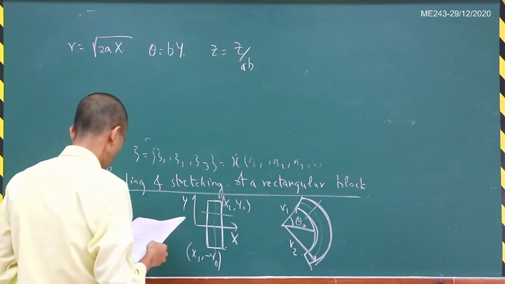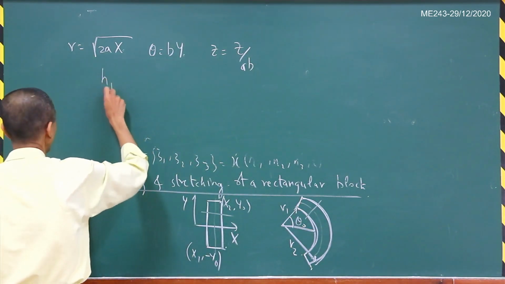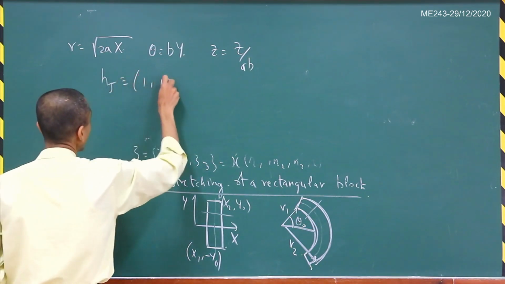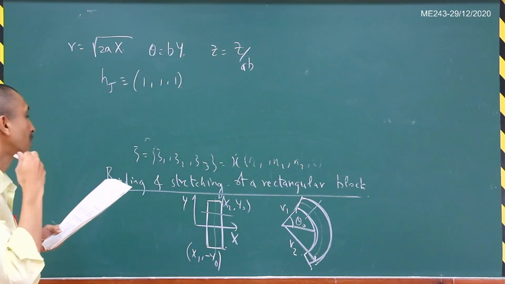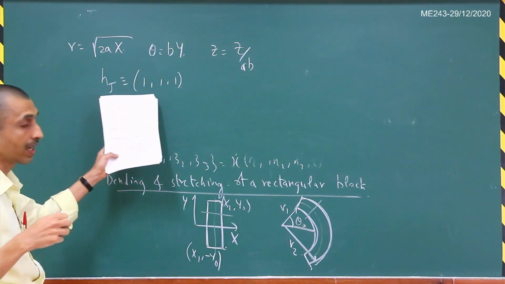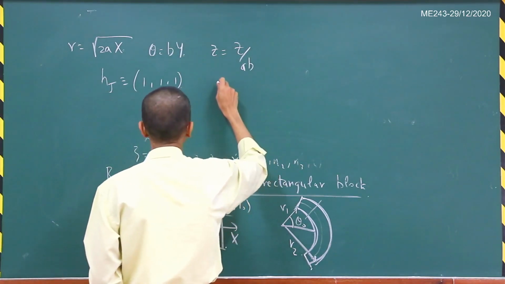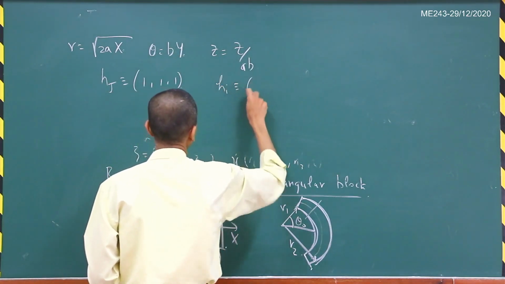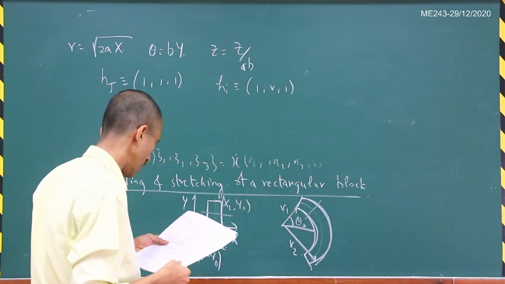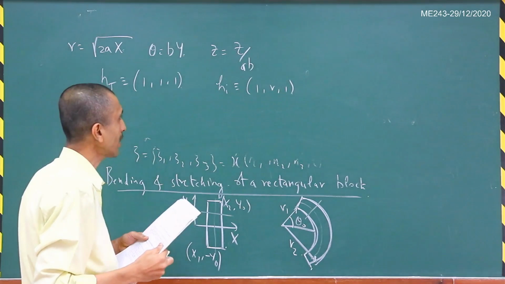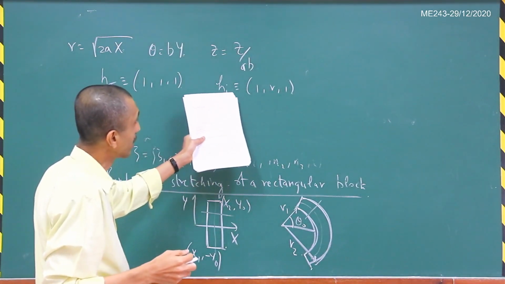So Hj is just 1, 1, 1, corresponding to the scale factors for a Cartesian coordinate system, and Hi are 1, r, 1, the scale factors for the cylindrical coordinate system.